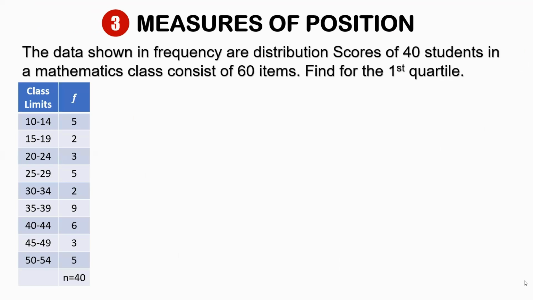By this given, we have the class limits and also the frequency. We are going to use this formula, as you remember, for the first quartile: q sub 1 is equal to the lower boundary plus k multiplied by n divided by 4 minus the cumulative frequency over the frequency, multiplied by our interval.